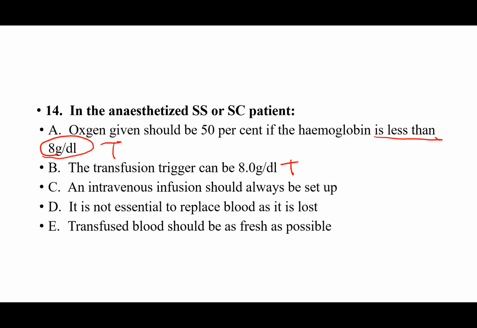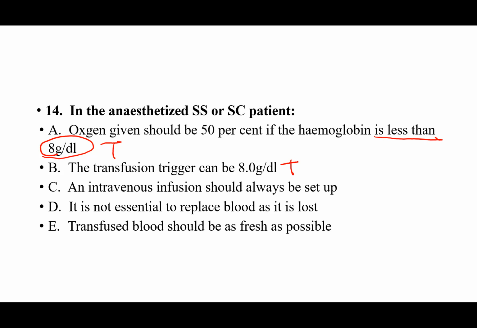Okay. For a sickler, how will you determine a steady state? That is the first question. The second question, what is the transfusion trigger for a normal adult male? The first question: steady state hemoglobin of a sickle cell disease patient.